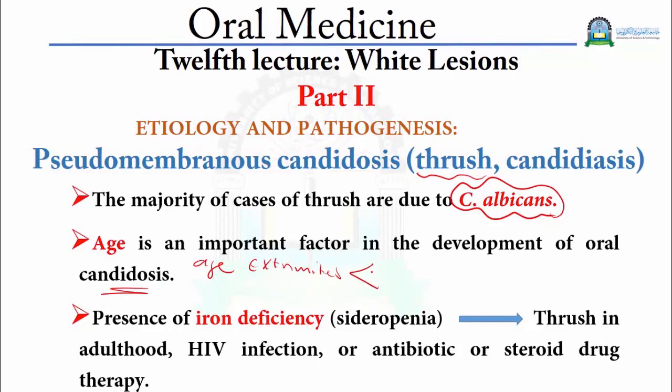So the oldest and the youngest patients. The presence of iron deficiency is also associated with pseudomembranous candidiasis. We can call it also cytopenia, leading to thrush in adulthood, as well as the presence of HIV infection or antibiotic or steroid drug therapy.